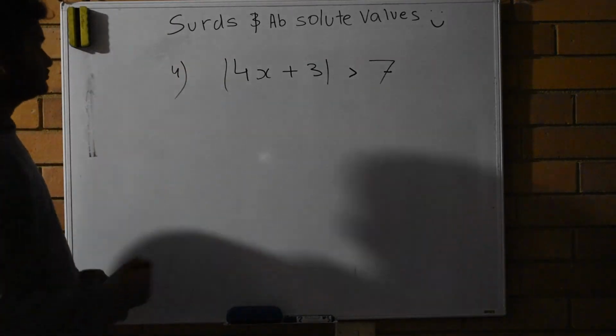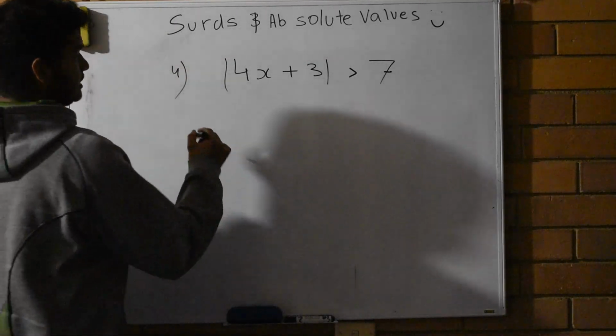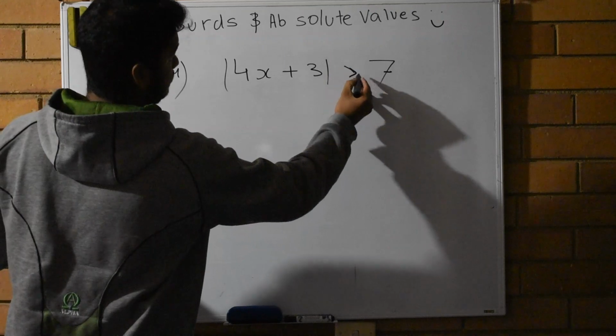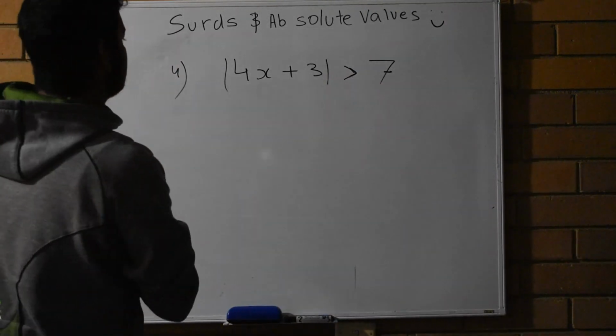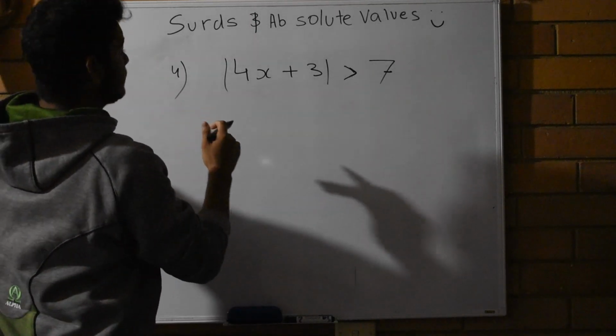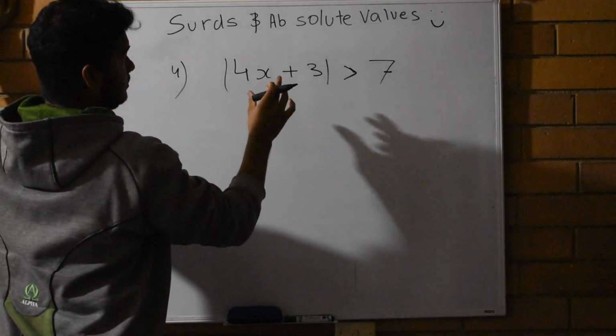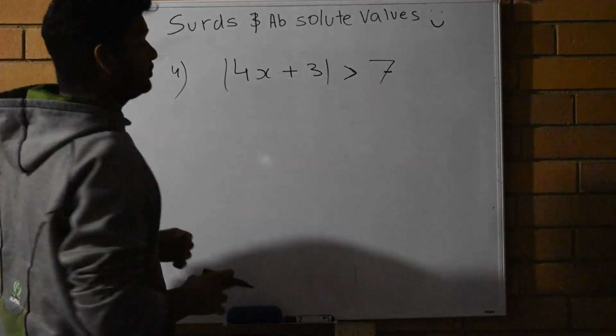So what happens here is, that's a small sign. This equation here is an inequality question. All we've got to do here is, there'll be 2 values to this. I'll show you how it's done.